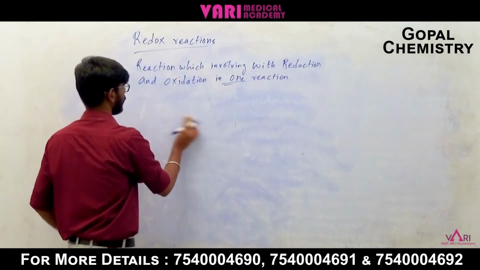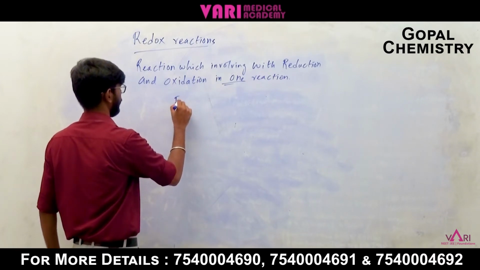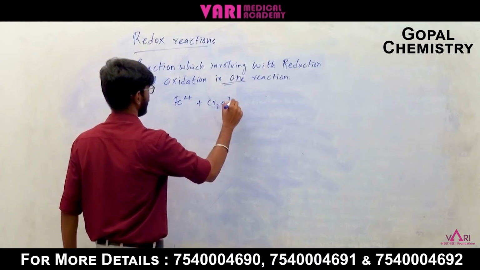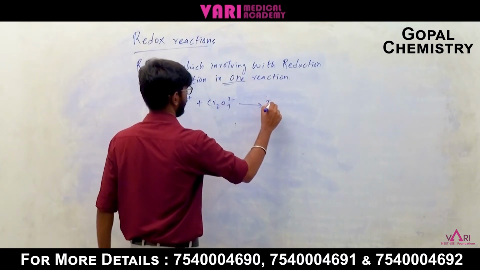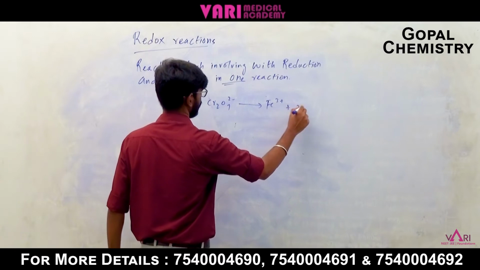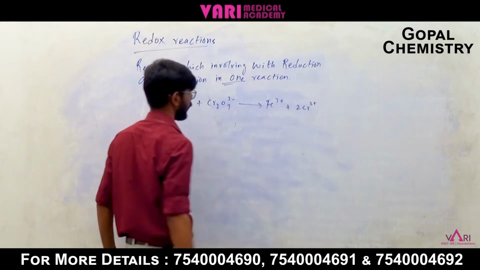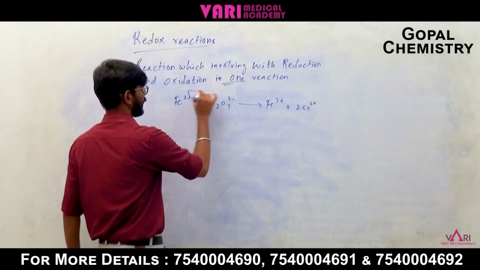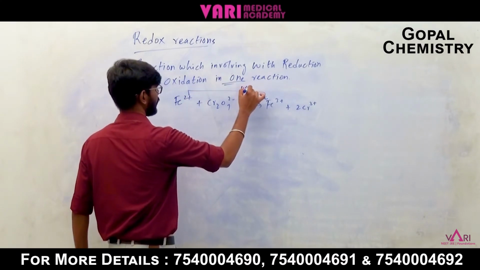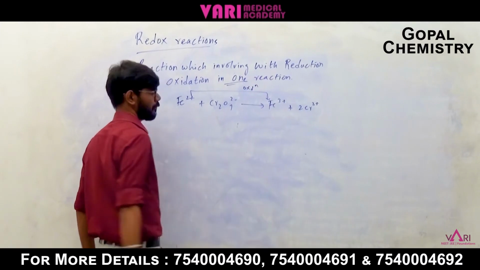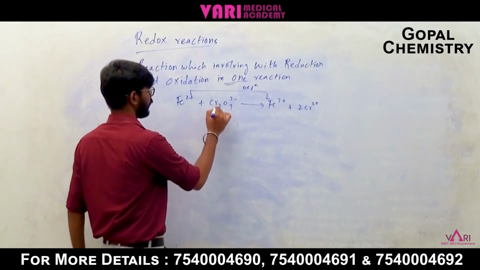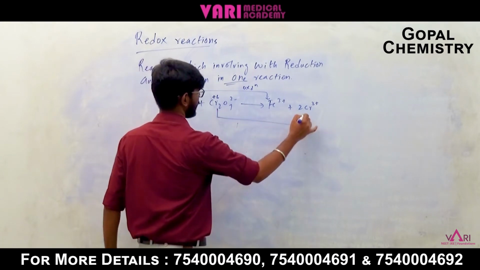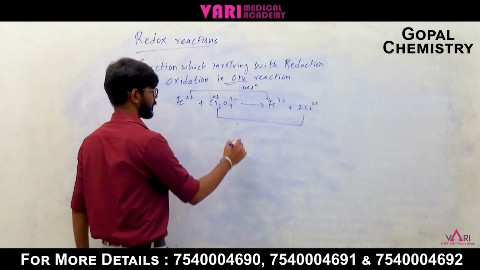For example, Fe2+ plus Cr2O7 2- gives Fe3+ plus 2Cr3+. Okay, so here what is the oxidation state? Plus 2 to plus 3, so it gets oxidized, oxidation is taking place. Here this is plus 6 and this one is plus 3, so plus 6 to plus 3 is reduction.